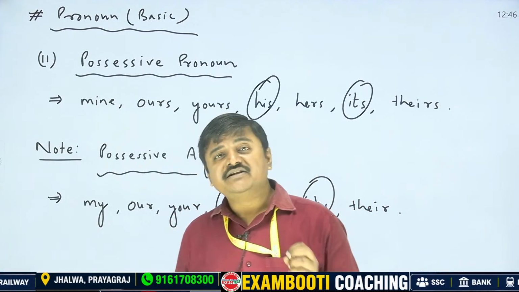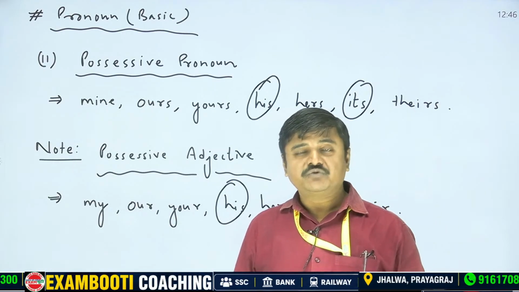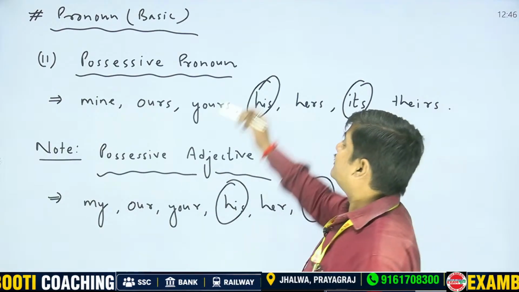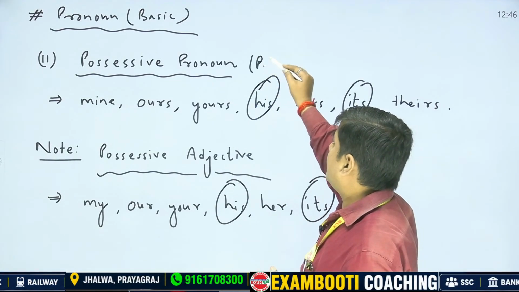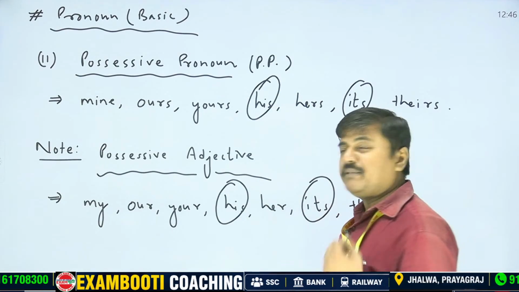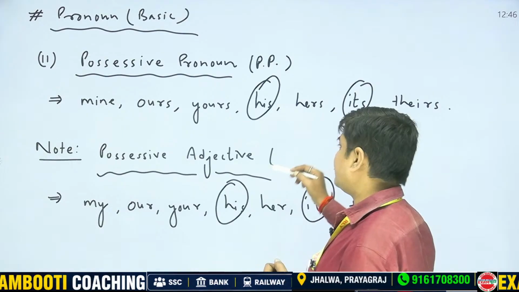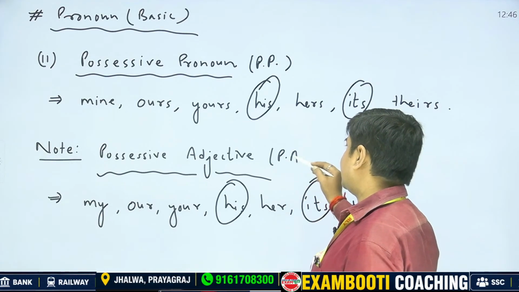Now, what is the difference between possessive pronoun and possessive adjective? What is the basic difference? From now onwards, whenever there is possessive pronoun, I would call it PP, and possessive adjective, as long as we are discussing this pronoun, I would say PA.